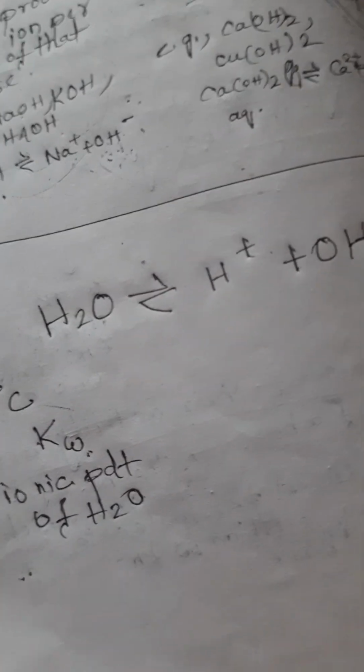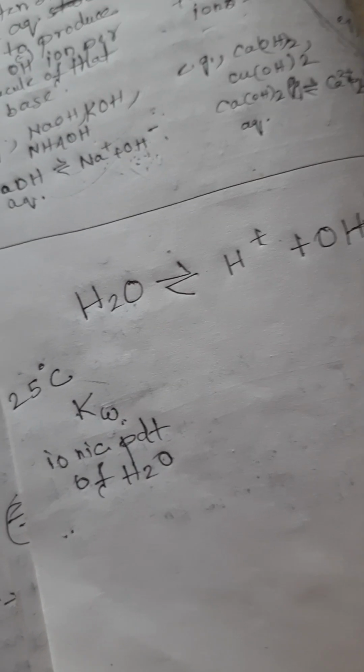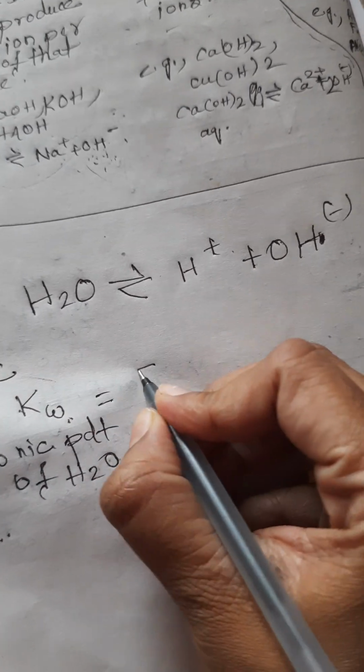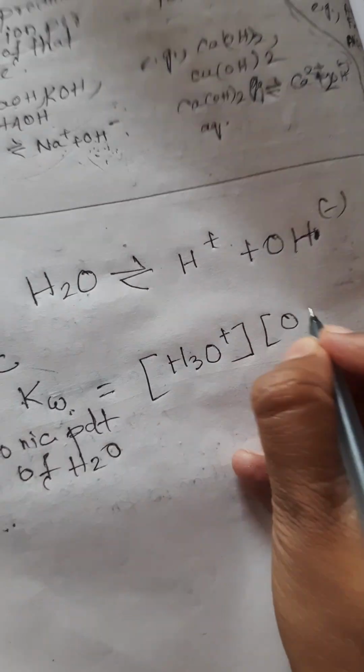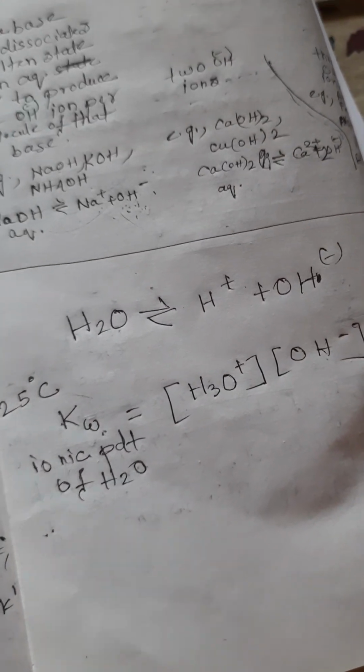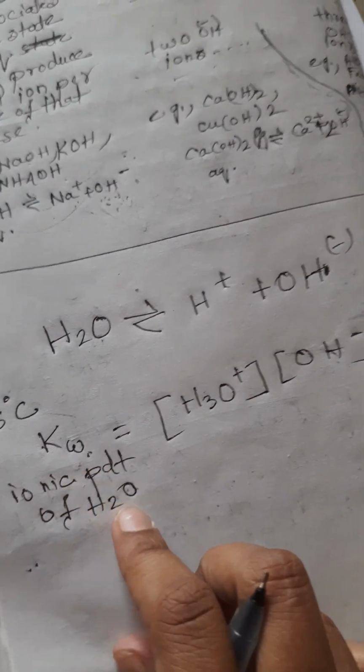Now see, what does the ionic product mean? Ionic product means the multiplication of the concentration of H3O plus ions and OH minus ions. We'll discuss how to find out the ionic product of water.